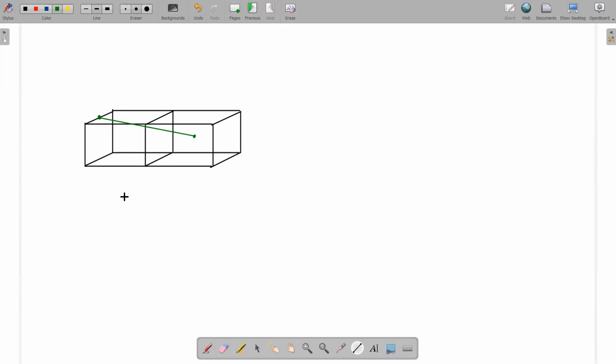You just have to make a right angle triangle, so you have got the hypotenuse. Yes, this body center is in the other cube.